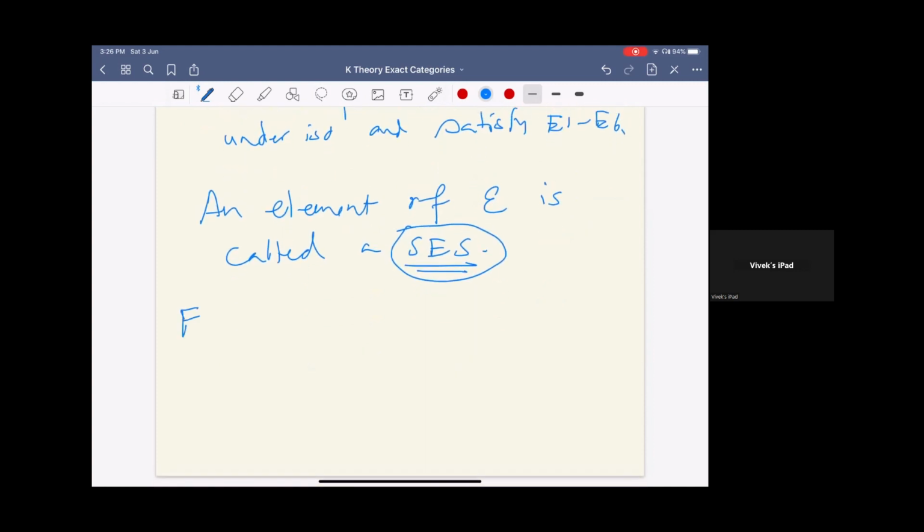So what is the first example? An additive category may have different exact structures. One trivial exact structure is the following.